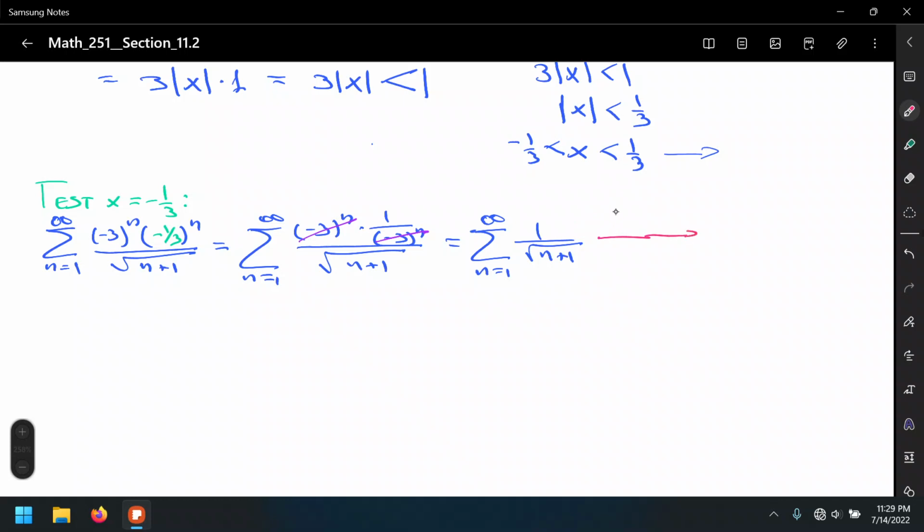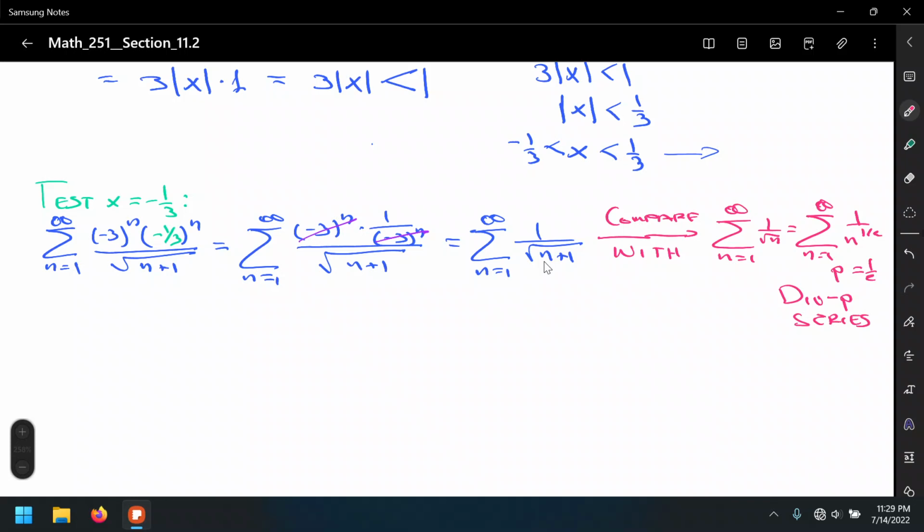So compare with the sum from n equals 1 to infinity of 1 over the square root of n. And what do we know about this series? It's a divergent p-series, because it can be rewritten as 1 over n to the 1/2, with p equals 1/2.